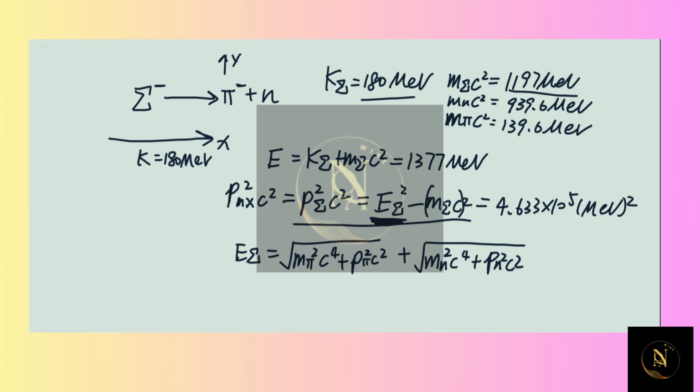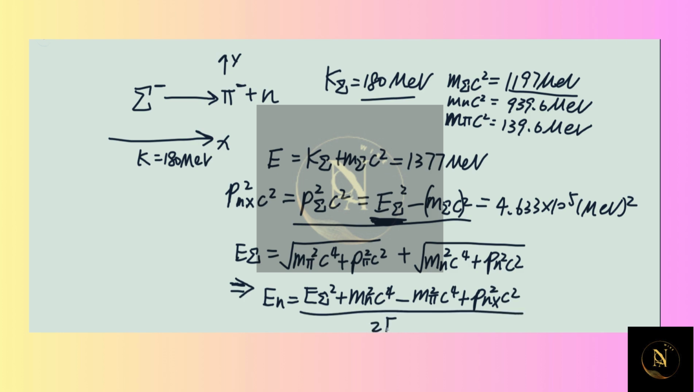This can be rearranged so that the energy of the neutron is the energy of sigma squared plus mn squared c to the fourth minus m pi squared c to the fourth plus px squared c squared, over 2 times the energy of sigma.